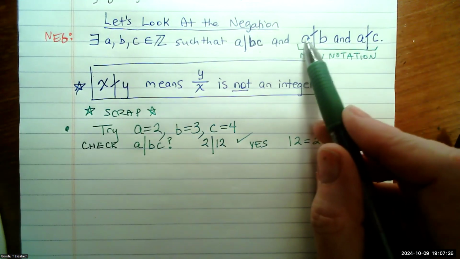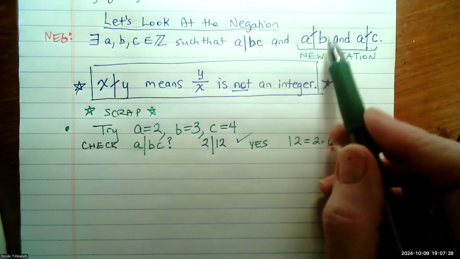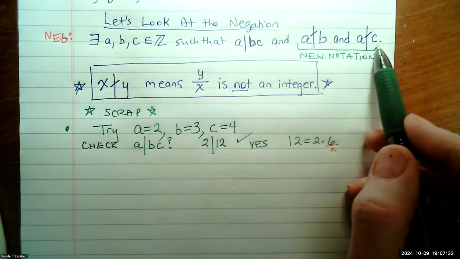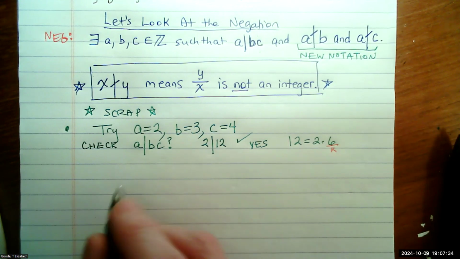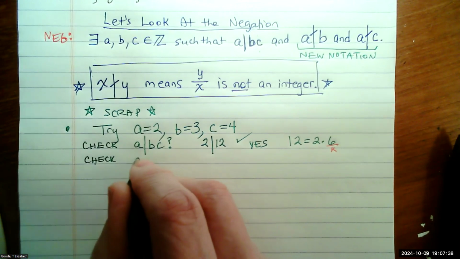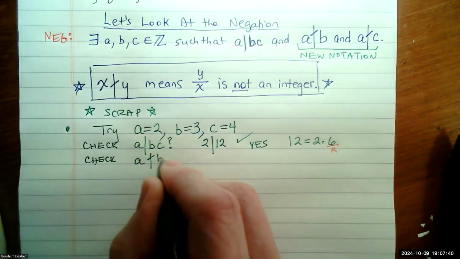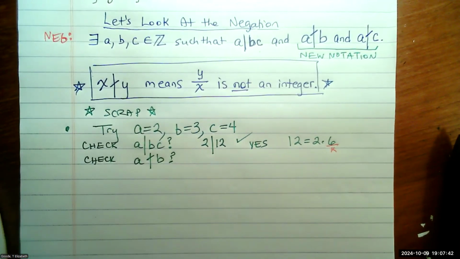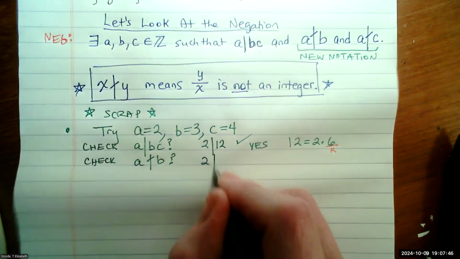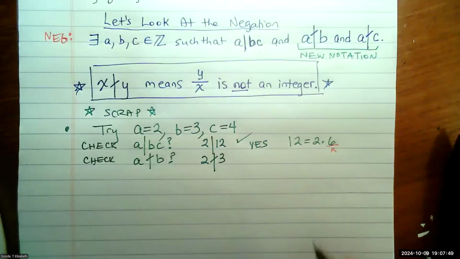But now we've got to check and make sure A does not divide B, and we're going to have to check that A does not divide C. So you can see where this is going. Let's check. Is it true that A does not divide B? In other words, is it true that 2 does not divide 3?